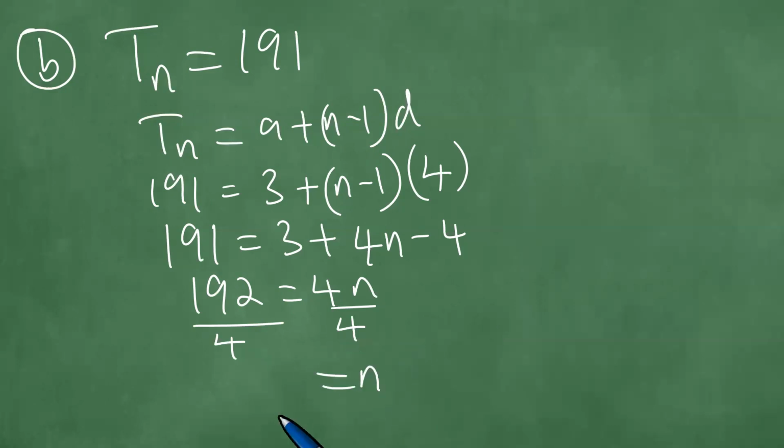Meaning now you have 192 divided by 4, which is 48. So this is the value of n. Thus n equals 48.